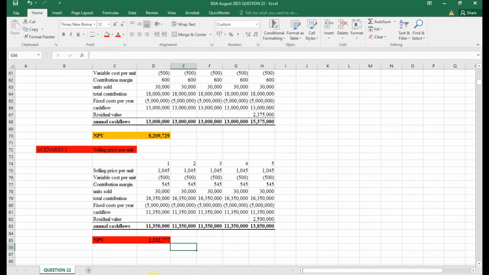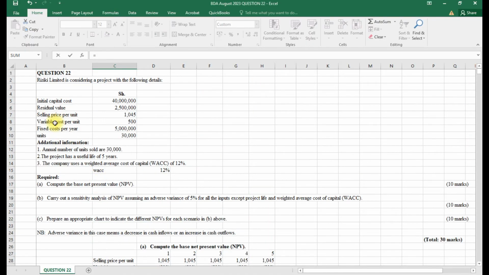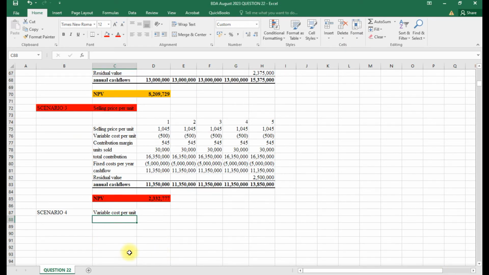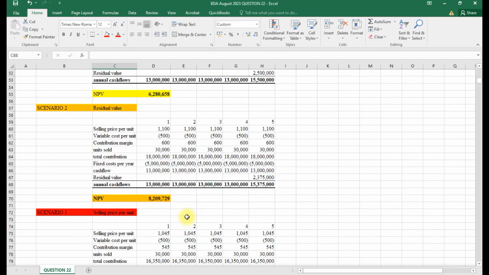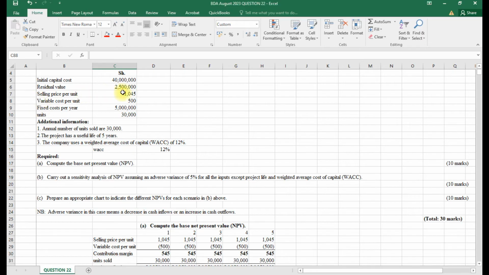Then we go to scenario 4. The fourth variable that is changing under scenario 4 is the variable cost. These are costs. For selling price, we first return it to normal.